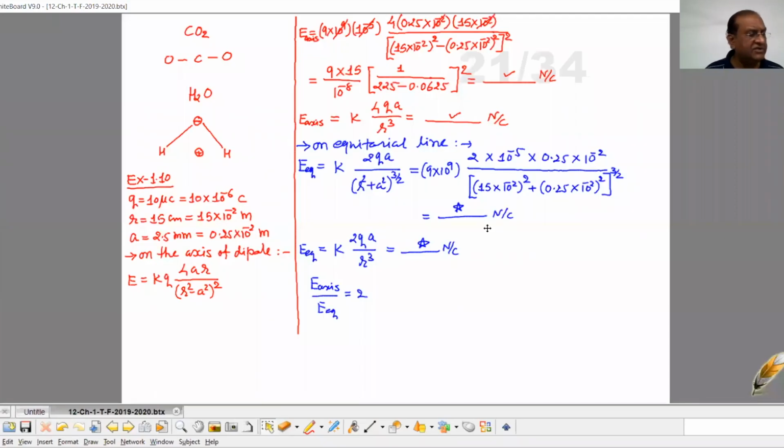Then after, illustration number 1.10. Two charges of plus or minus 10 microcoulomb are placed 5 millimeter apart. Determine the electric field at a point P on the axis of the dipole, 15 centimeter away from its center O, on the side of the positive charge as shown in figure A, and at a point Q, 15 centimeter away from O on a line passing through O and normal to the axis of the dipole, as shown in figure B. Okay.